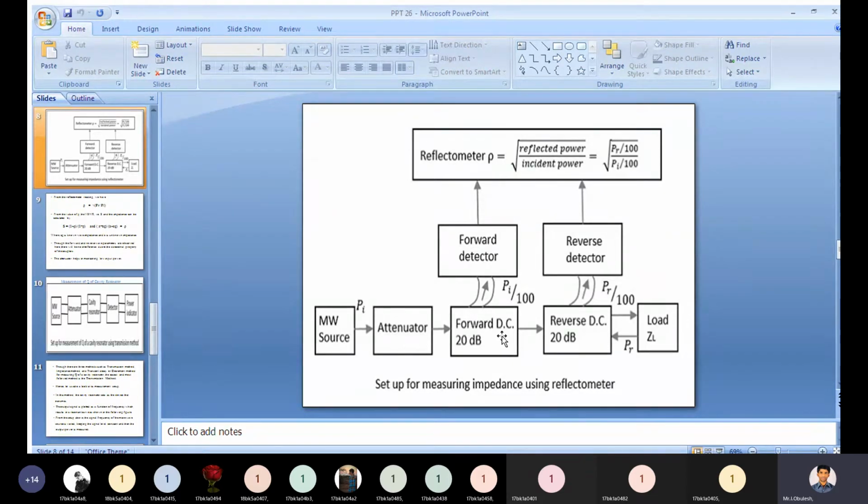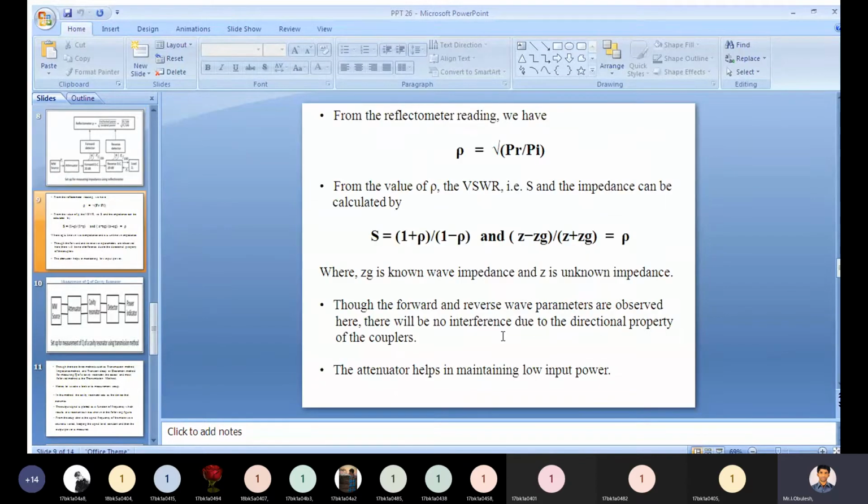The reflectometer is connected to obtain the magnitude of the reflection coefficient rho, from which the impedance value can be obtained.